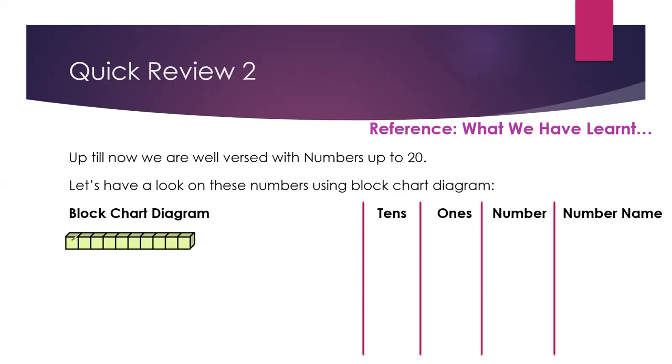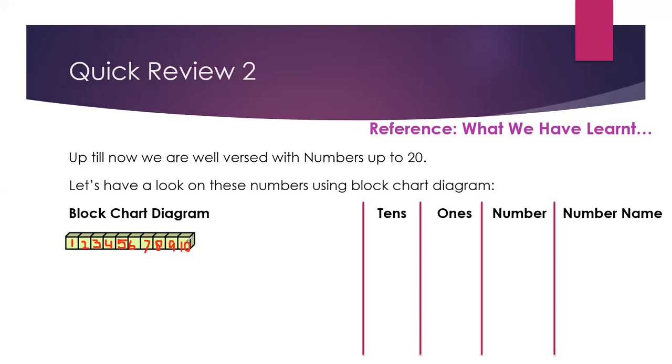So here we have 1, it is 2, 3, 4, 5, next is 6, 7, 8, 9, and finally we are having 10. So here we can see that we are having 10 blocks.